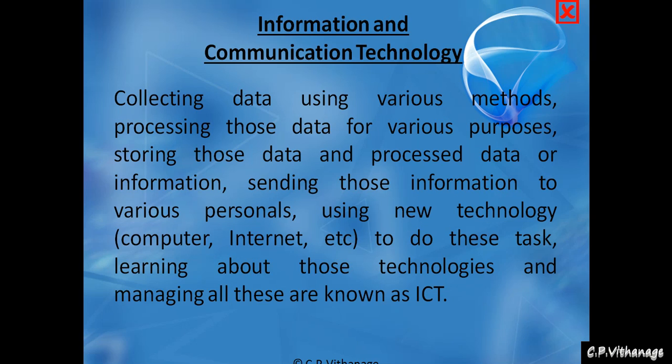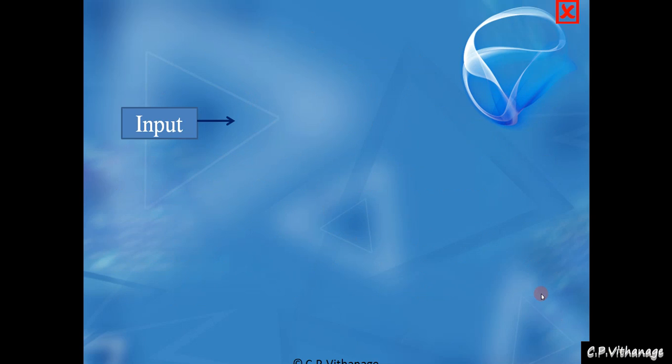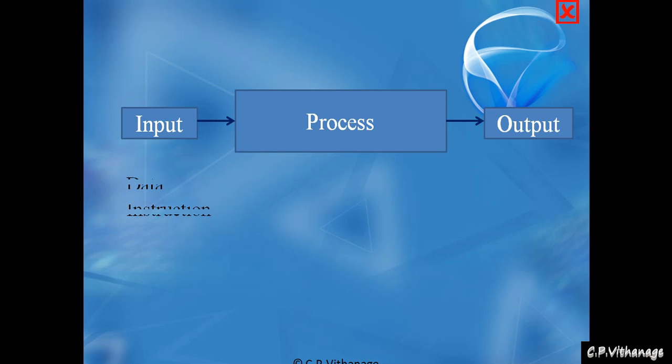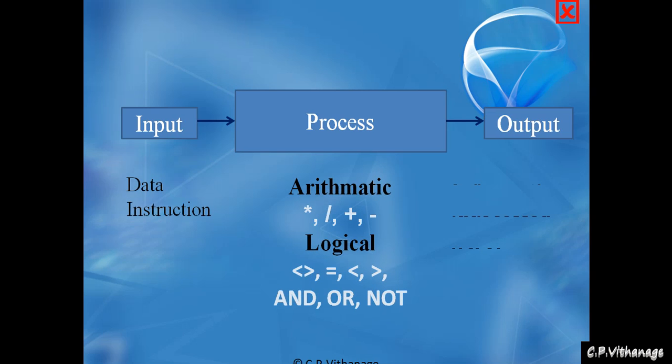So learning about these technologies and managing all this stuff, we call it all together ICT. If we consider ICT, mainly we input data, and we input instructions also. Then according to the instructions, those data will be processed arithmetically or logically, and then the output will be the information or the processed data.